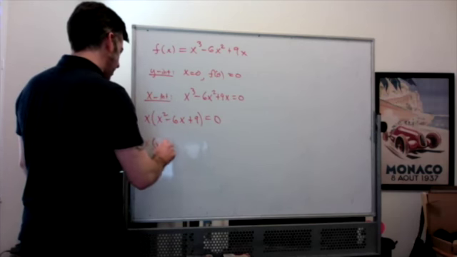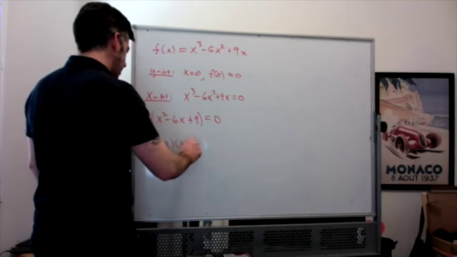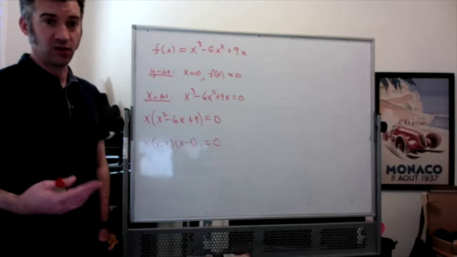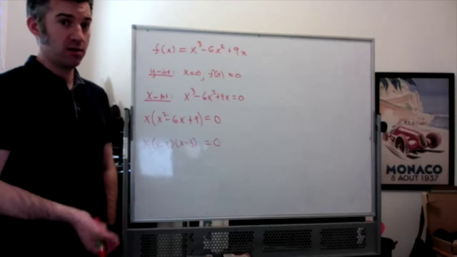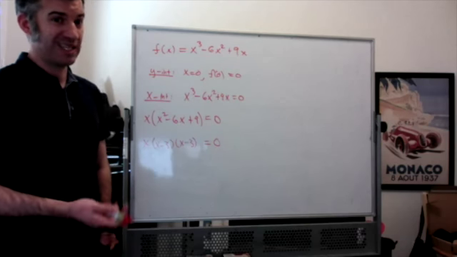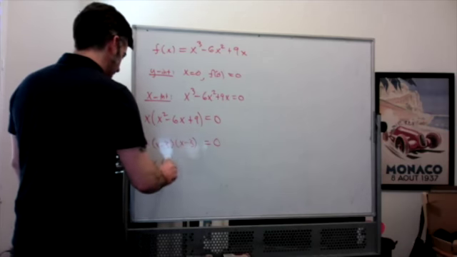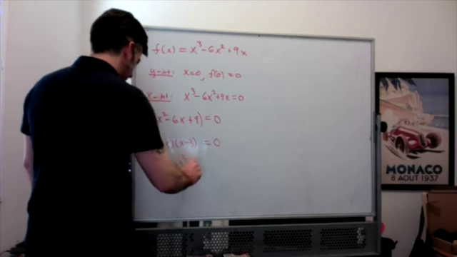So be careful here. If you do it this way, you might make the mistake of saying that x equal to 3 is a multiplicity 1 intercept. It is not, right? Because this is x minus 3 times x minus 3. This is x minus 3 squared.